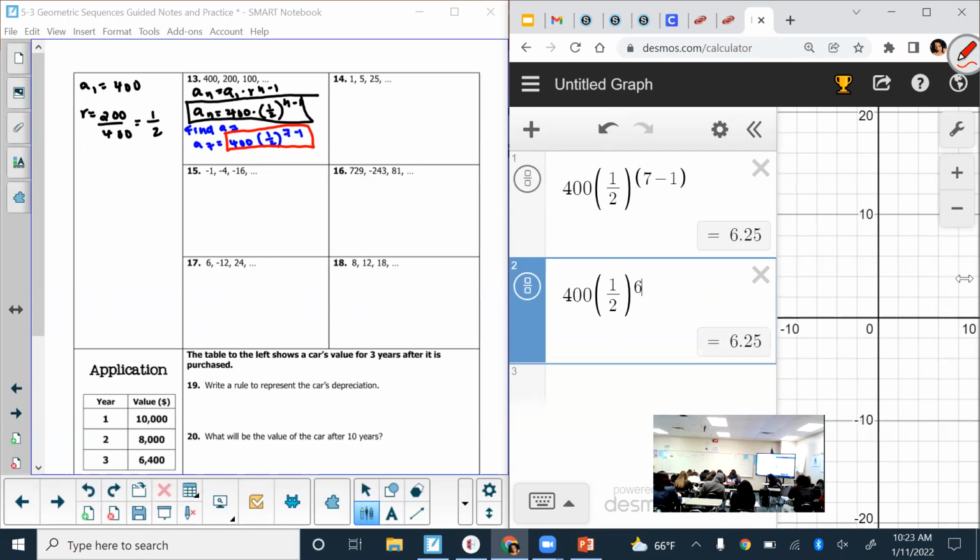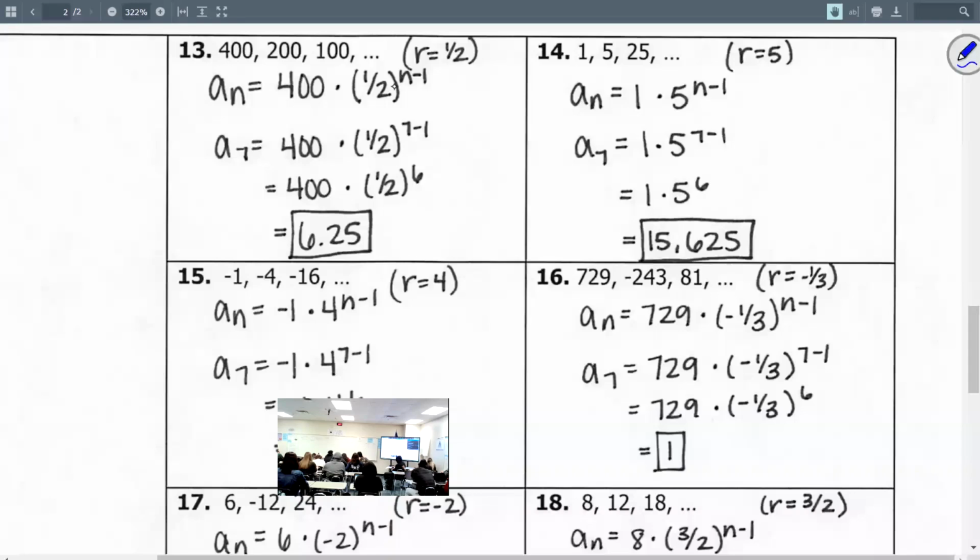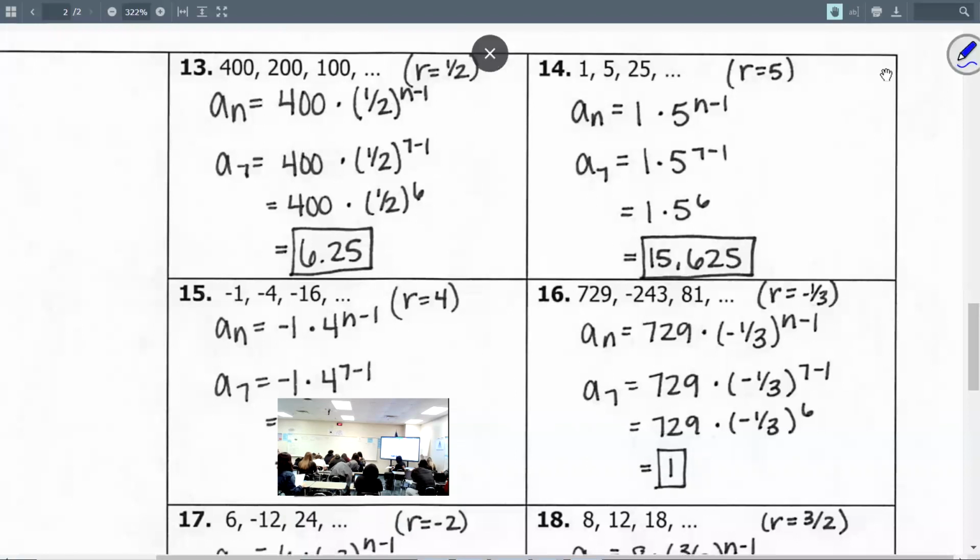All right, so then for your turn, you guys will do number 14 and number 16. So try those. I'll give you about 2 minutes. So the key thing that you need to be able to identify is the first term in the sequence so that you can put it in the a sub 1 position. So if you need the formula, look at the board.